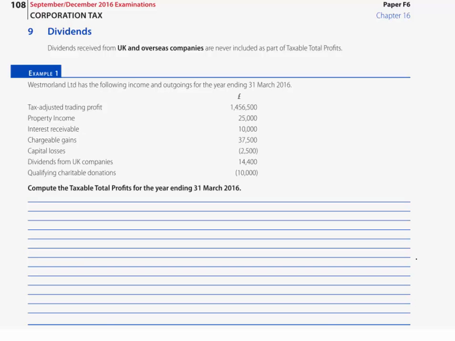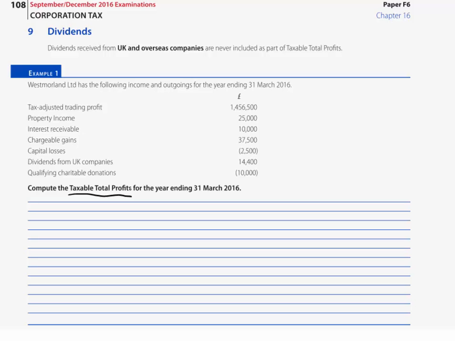So for that purpose now, we've got example 1 to allow us to put together our computation of taxable total profits. It's basically just a listing exercise, putting the items into the relevant slot where applicable upon the computation.